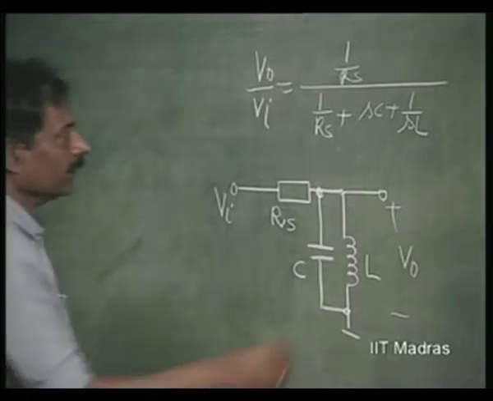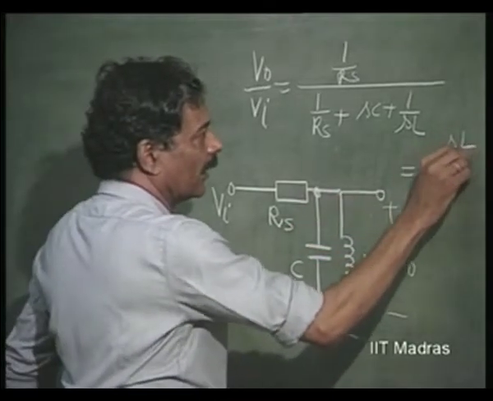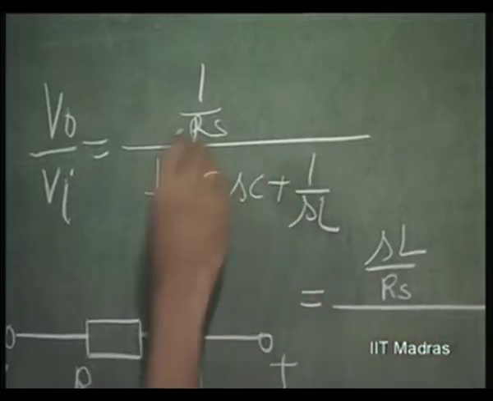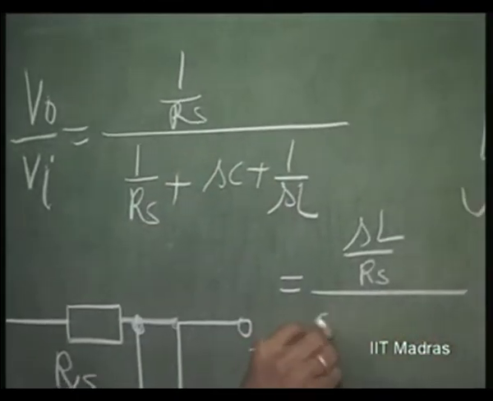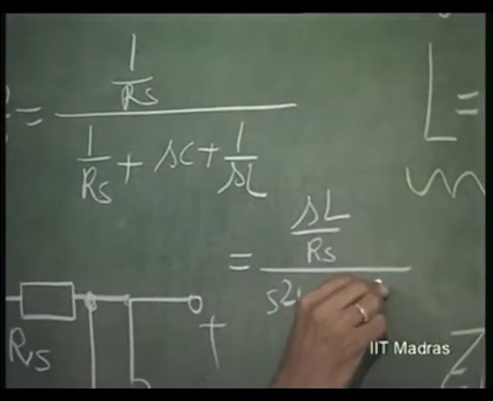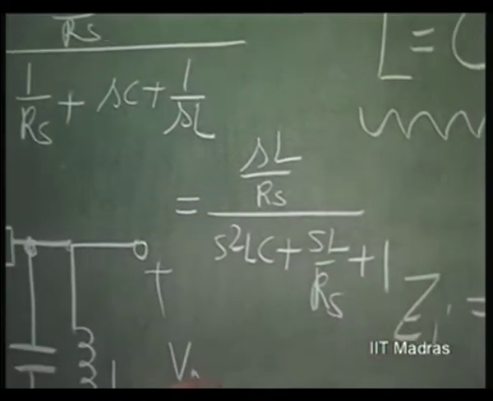So, we get here Sl by Rs divided by, multiplying by Sl throughout, S squared Lc plus Sl by Rs plus 1.